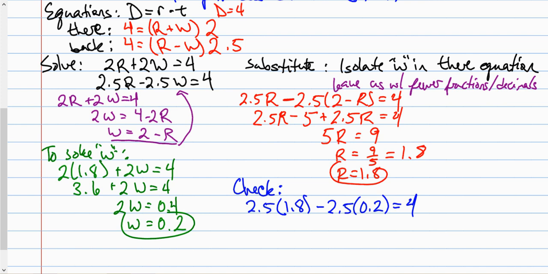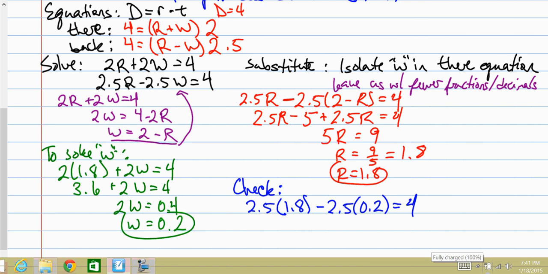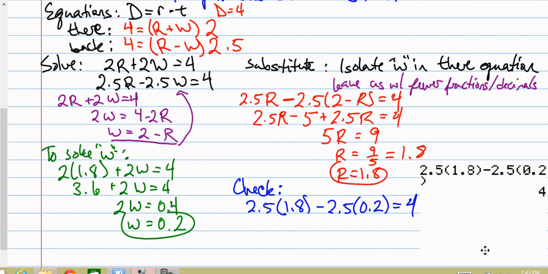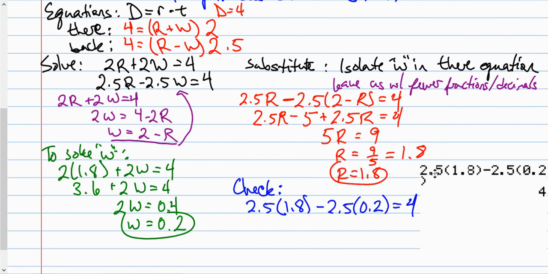This is not some of it. So I'm going to pull up the calculator and put the calculator screen here on the computer. So bear with me for a moment. Once I grab my calculator screen, I can tell that my check worked out. 2.5 times 1.8 minus 2.5 times 0.2 does in fact equal 4. Works out.